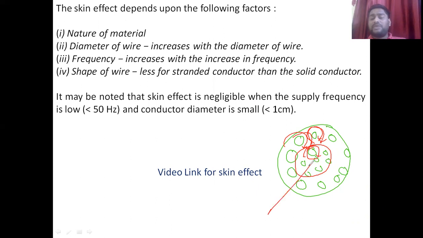So the inner portion has more flux linkages, which means more inductive reactance between the inner strands. That means more opposition to the flow of current in the inner portion of the conductor, so current flows only on the surface of the conductor. This effect is called the skin effect.